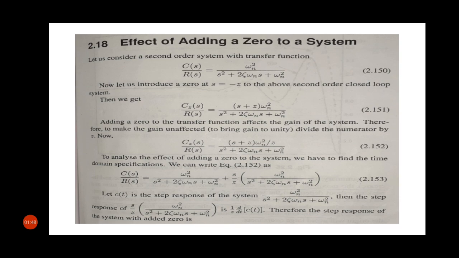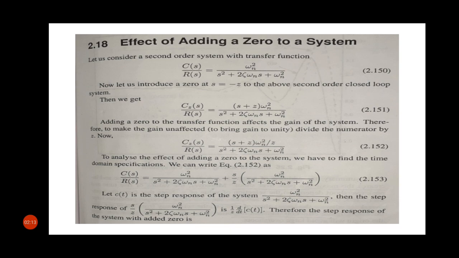Adding a zero to the transfer function affects the DC gain of the system. Now what is the DC gain? When a stable control system is excited with a step input, the response attains a constant level at steady state.